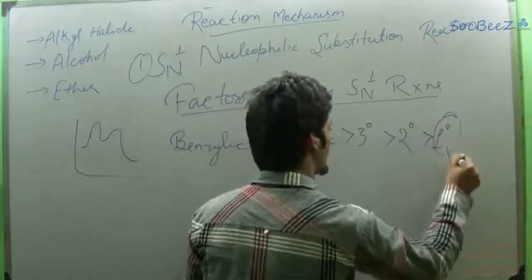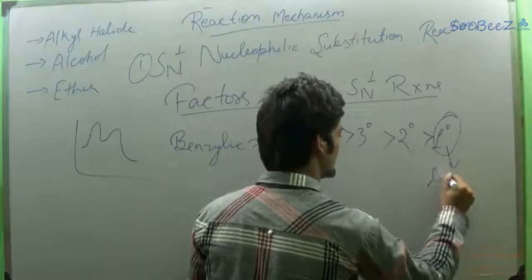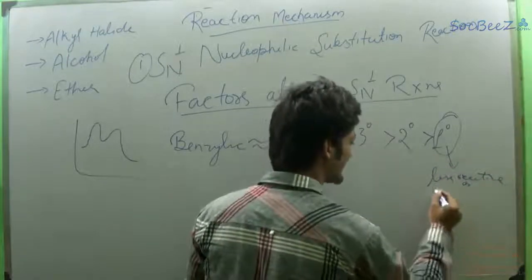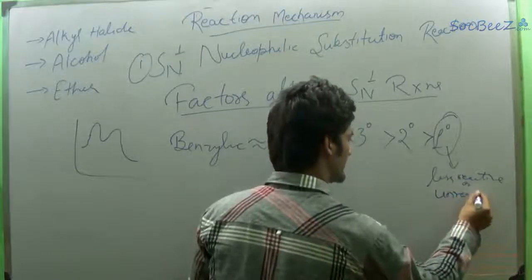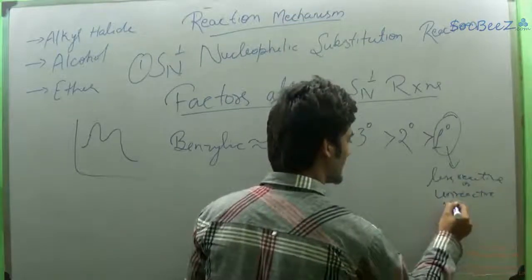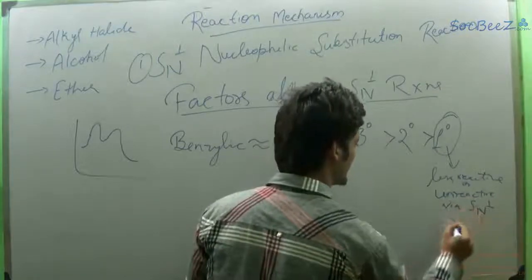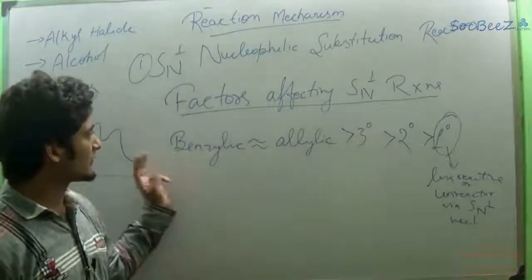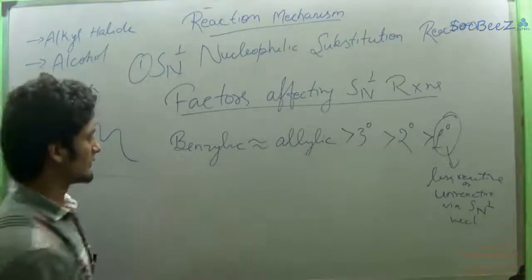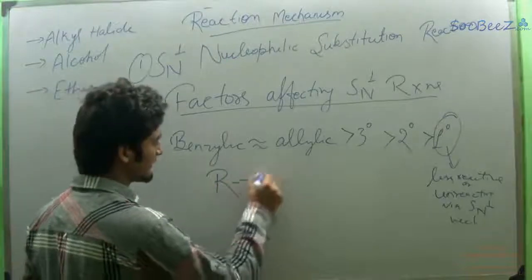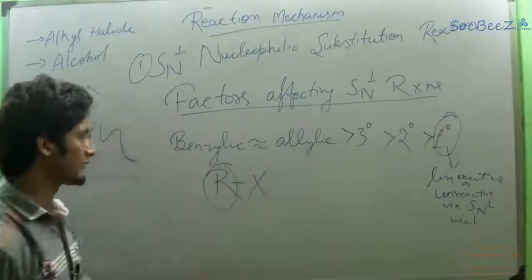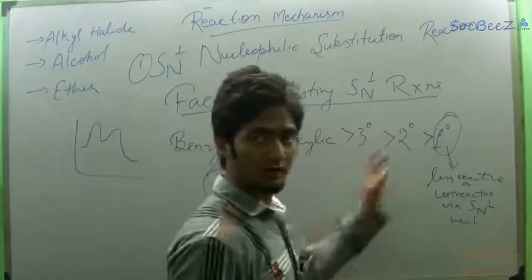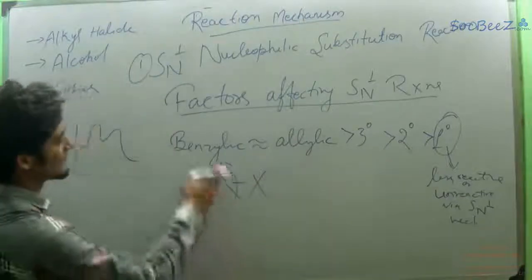This one is very less reactive, or we can say it's unreactive via the SN1 mechanism. So this is the order of the substrate. Remember, here we are talking about R. What is R? If R is benzylic, R is allylic, R is 3 degree, R is 2 degree, or R is 1 degree, this will be the order.